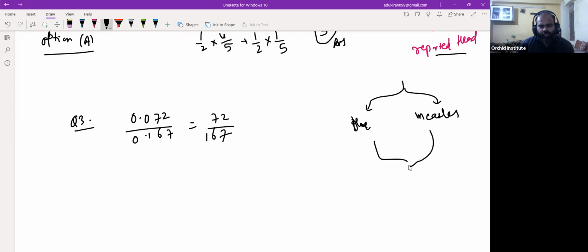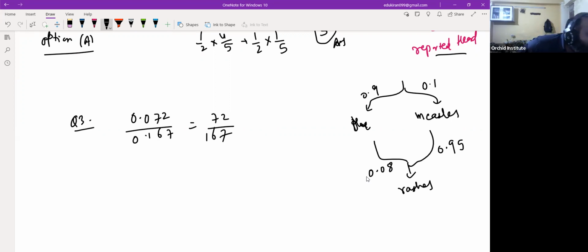And then he will have rashes. And flu is 0.9, measles is 0.1. Rashes for measles is 0.95. And for flu is 0.08.